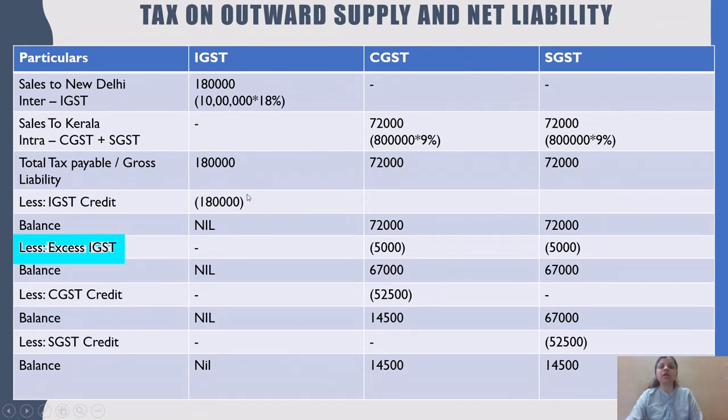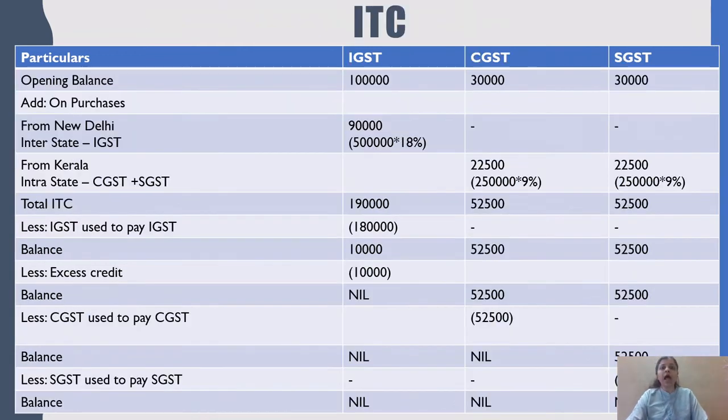Accordingly, this 1,80,000 will be fully adjusted with our input tax credit, so the balance payable under IGST liability will become 0. Coming back to our input tax credit, 1,90,000 was the ITC which was available. Out of that, we have utilized 1,80,000 to pay off our liability under IGST, but we still have rupees 10,000 excess balance available.